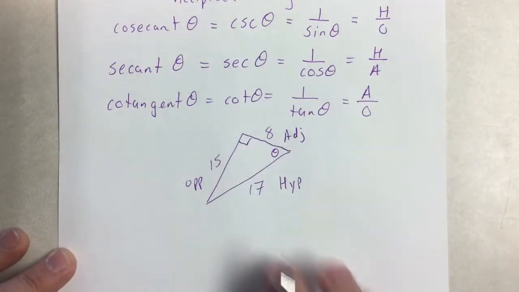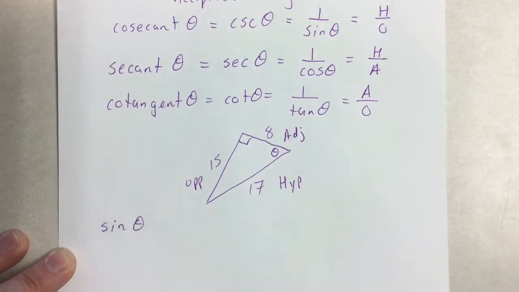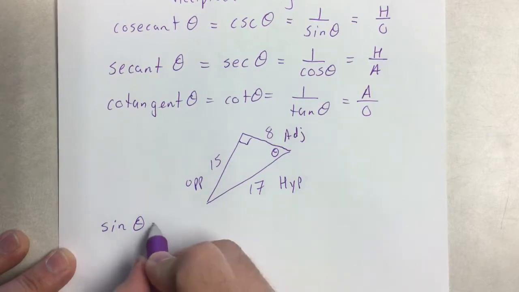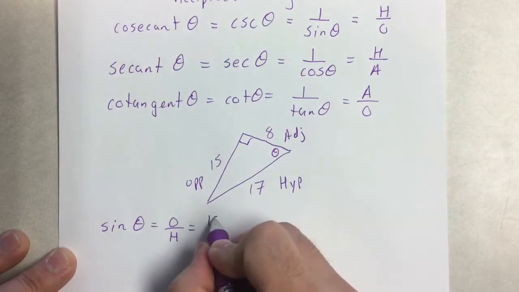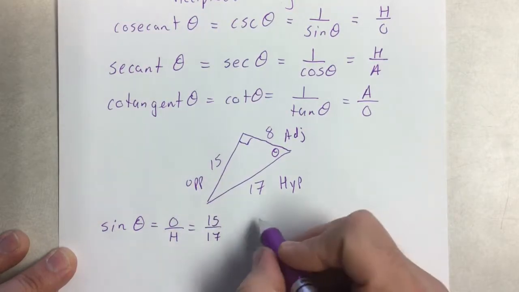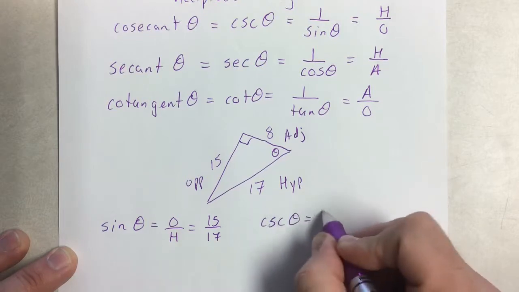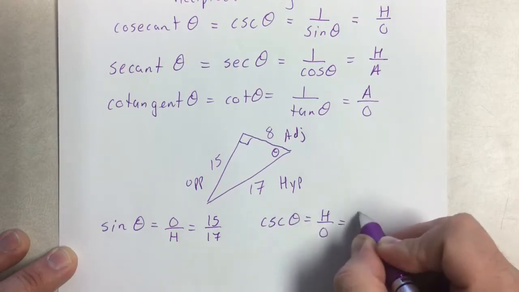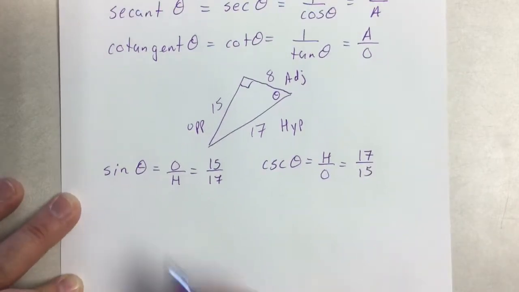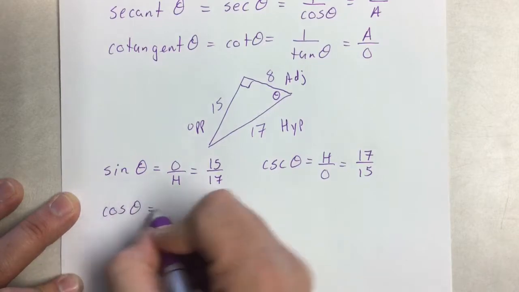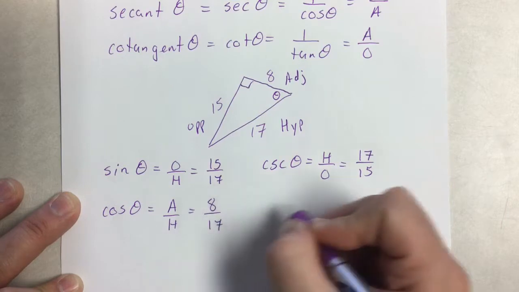All right, so let's go ahead and write our 6 trig ratios down. Sine of theta, so that was opposite over hypotenuse. That is 15 over 17. And we can go ahead and do the reciprocal. Cosecant, which was hypotenuse over opposite. So that would be 17 over 15. And then we have cosine, adjacent over hypotenuse, therefore it's going to be 8 over 17.